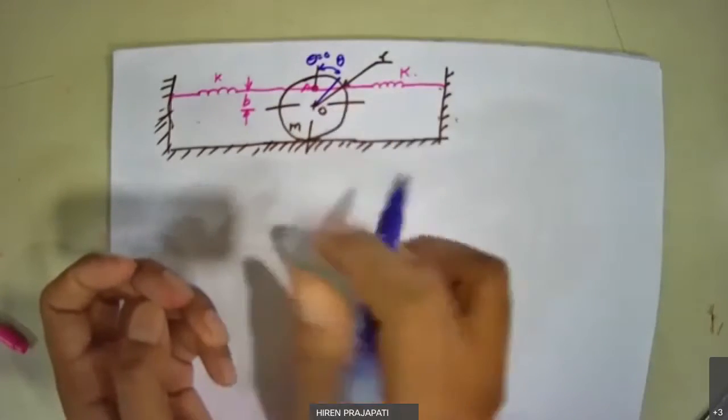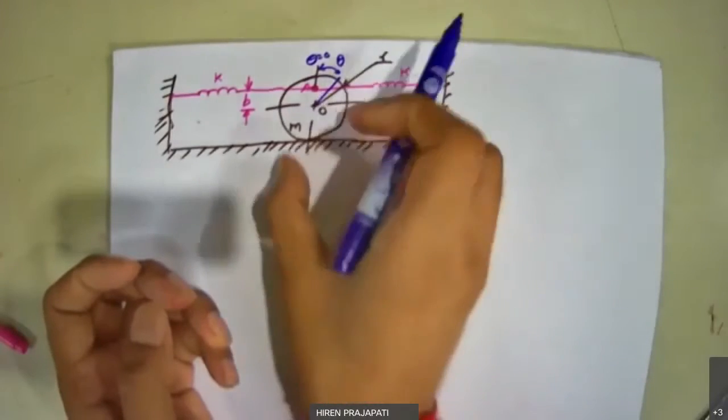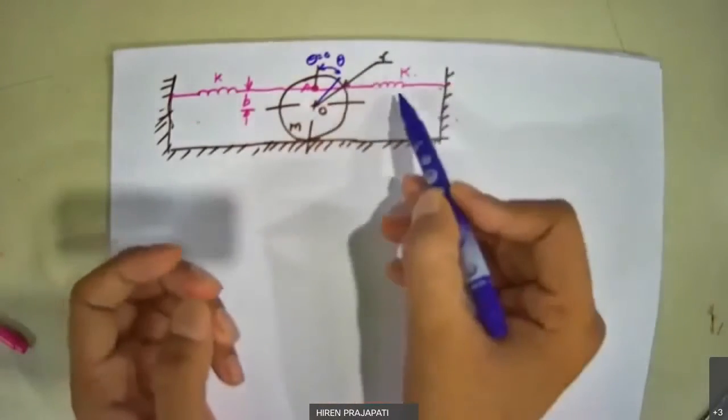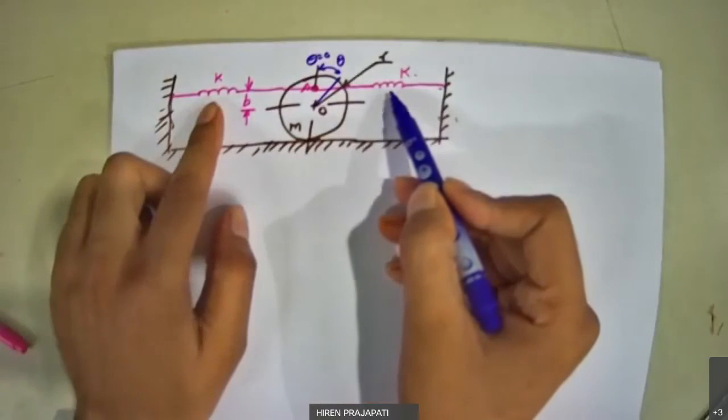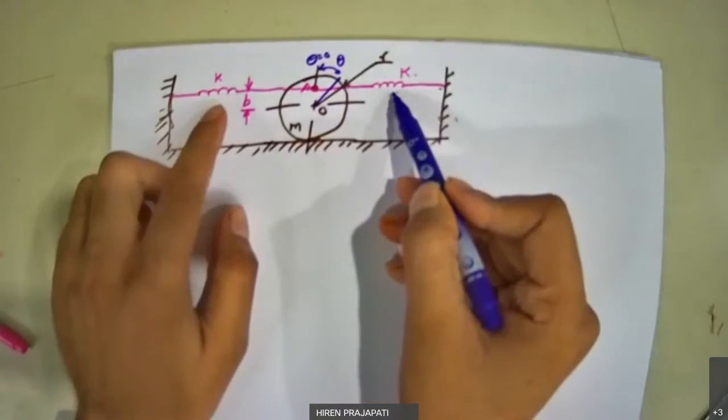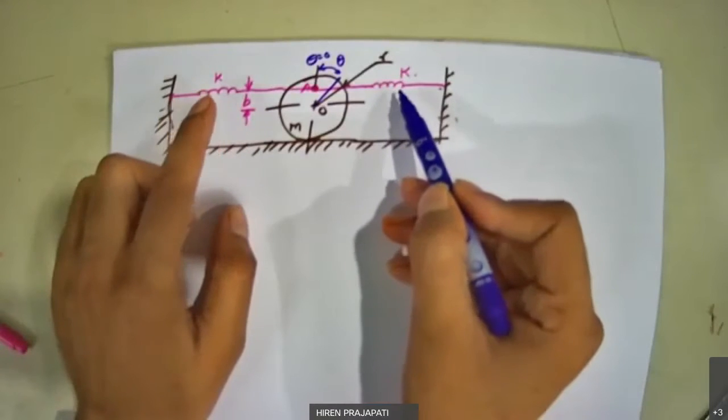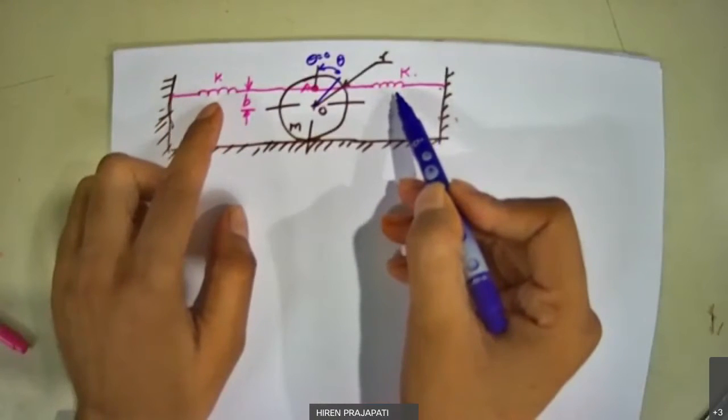At the same time, for rotation of this disk, we need to compress this spring and expand the other. So this spring will compress and the second spring will expand. Both these springs will store some energy, that is the potential energy.